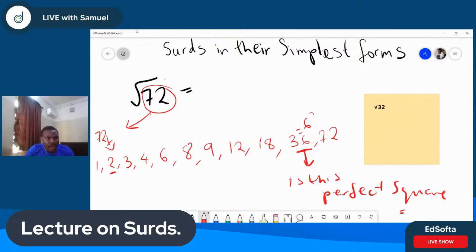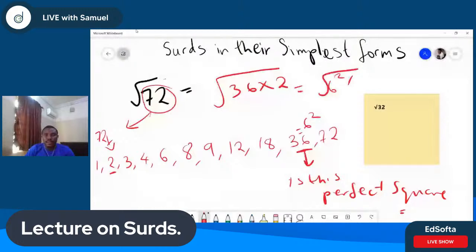So you now write 36 times 2. Root 36 can be root 6 squared times 2. We can bring the 6 out, and we have 6 root 2.